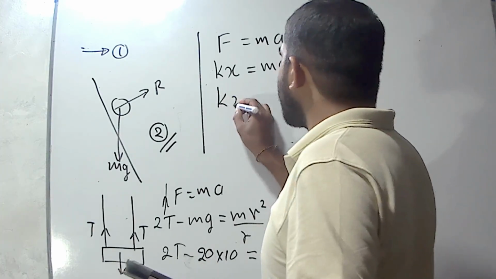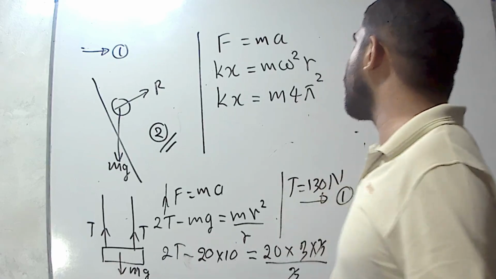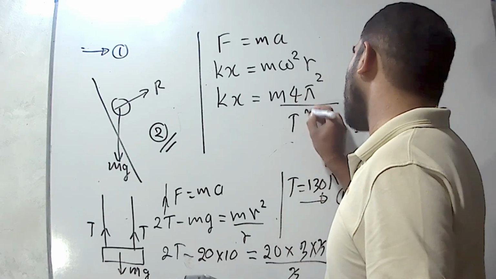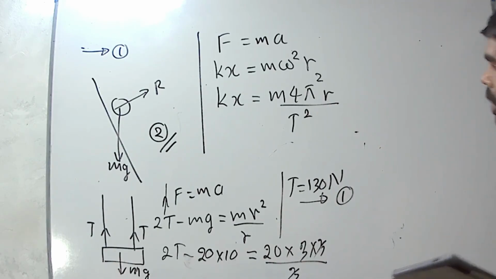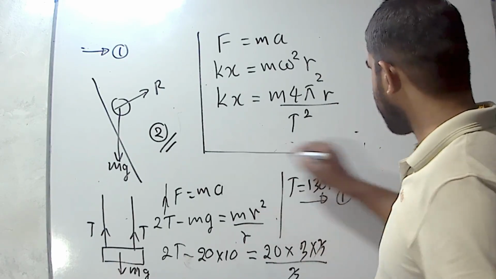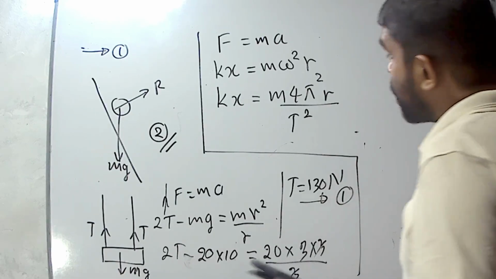Then we can substitute: Kx equals m times 4π squared divided by T squared, times r. Now I will substitute the corresponding algebraic symbols.